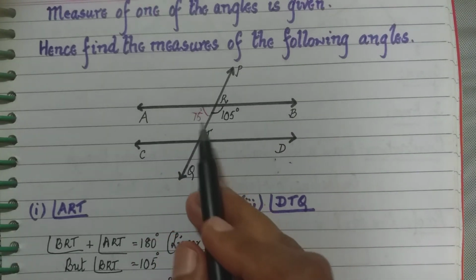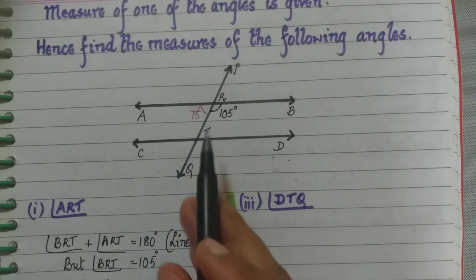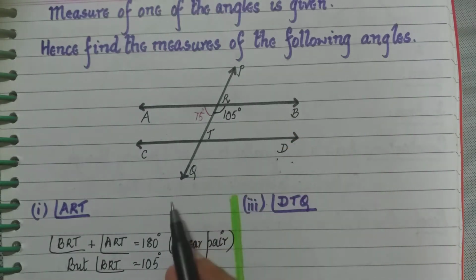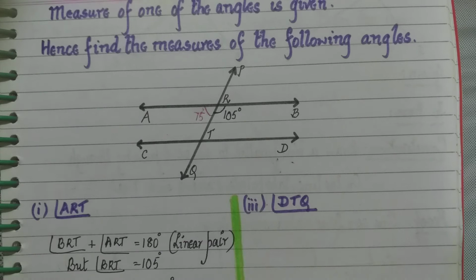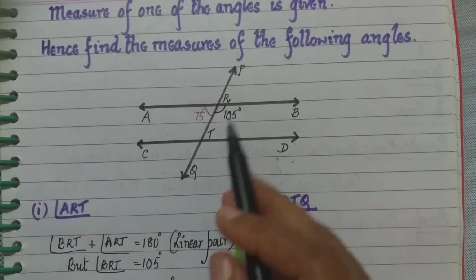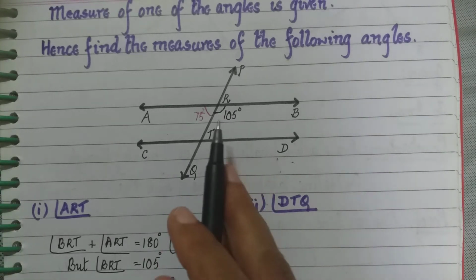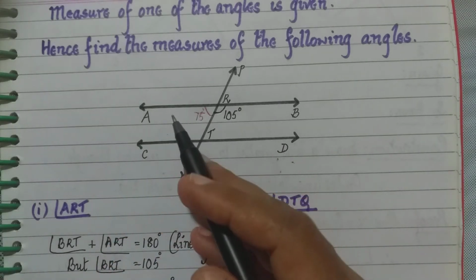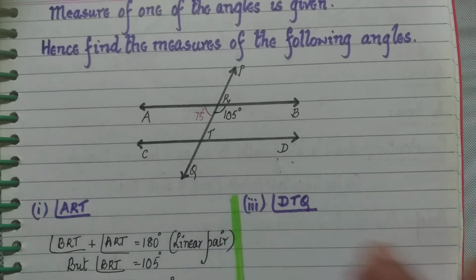You see this angle and this angle. Both these angles are on the left hand side of the transversal PQ and they are below the pair of parallel lines. So what type of angles do angle ART and angle CTQ form? If they are on the same side of the transversal and in the same region, that is above or below the parallel lines, then they form a pair of corresponding angles.